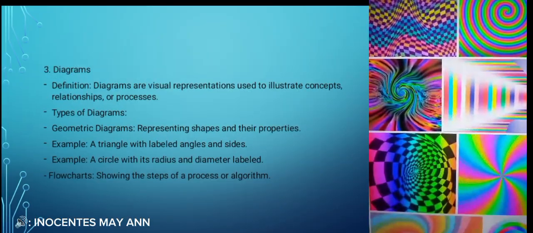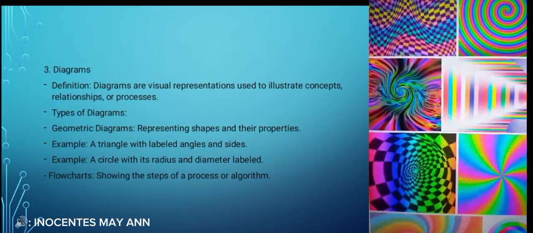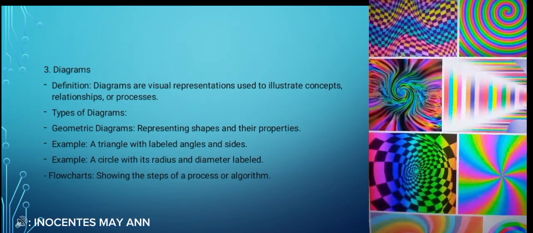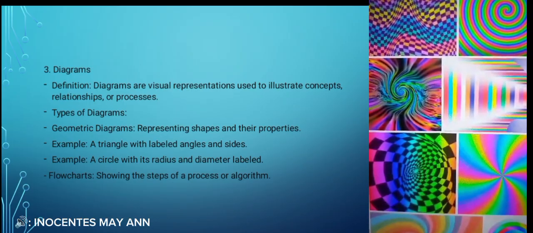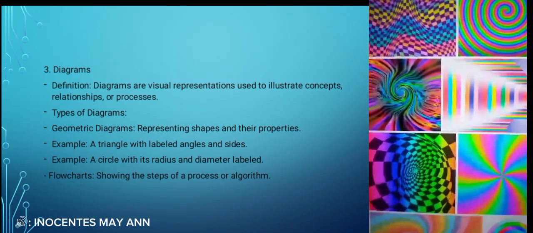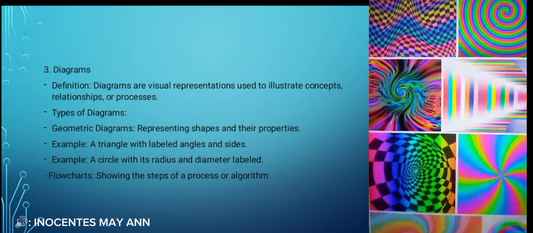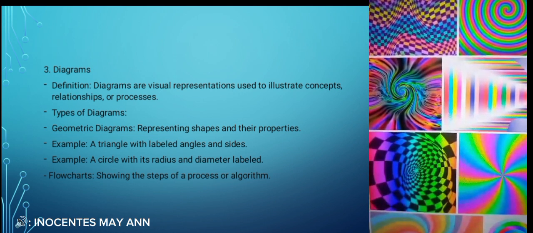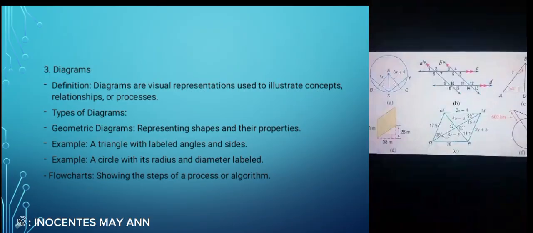Number 3, diagrams. Diagrams are visual representations used to illustrate concepts, relationships, or processes. Types of diagrams. Geometric diagrams representing shapes and their properties. Example, a triangle with labeled angles and sides.